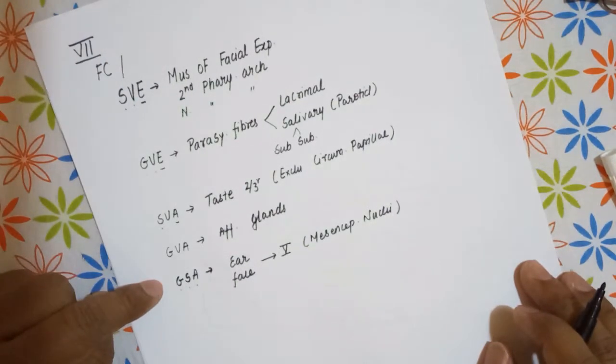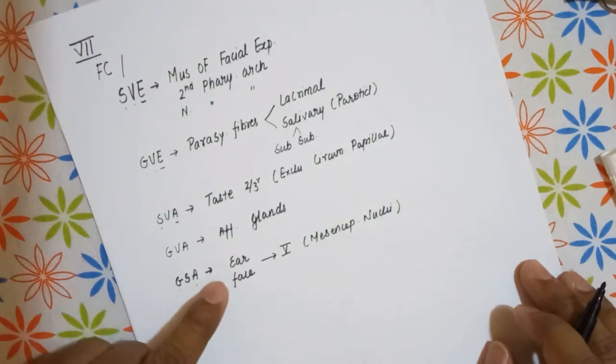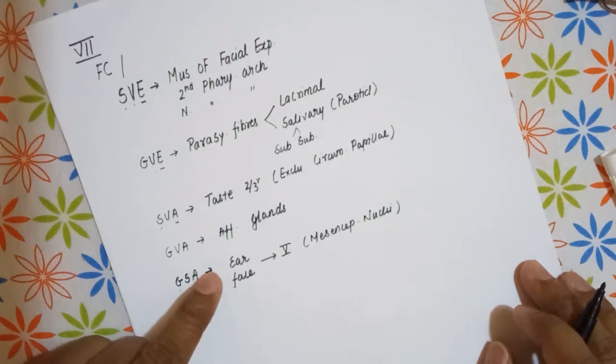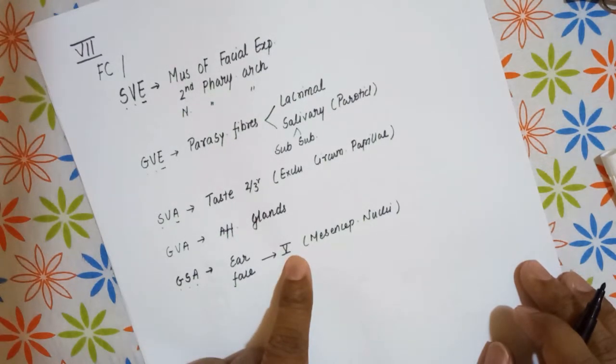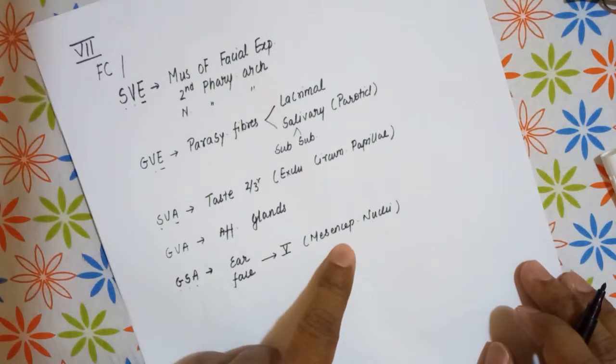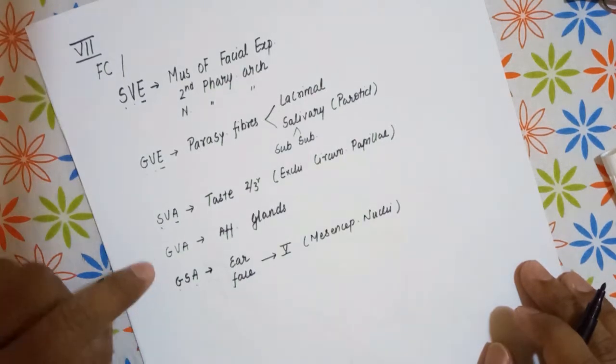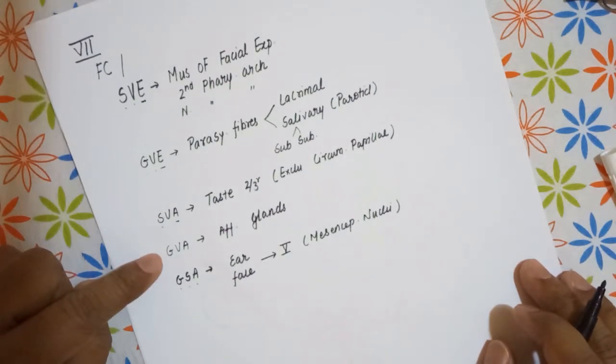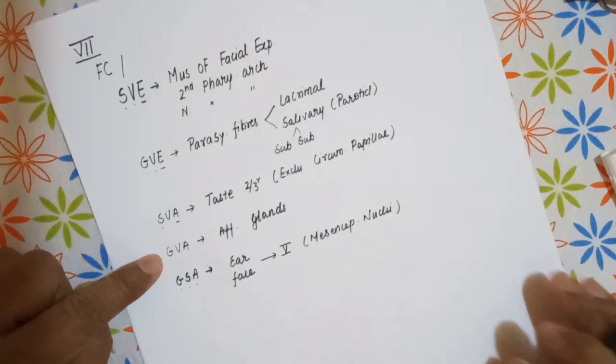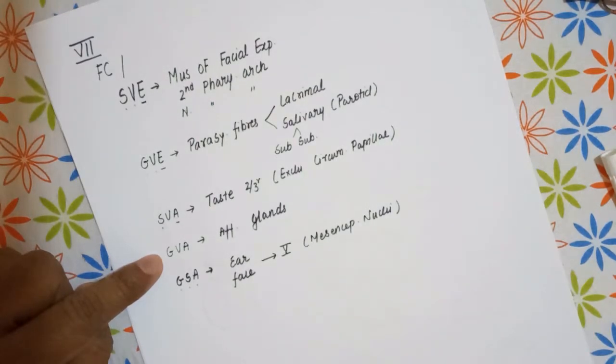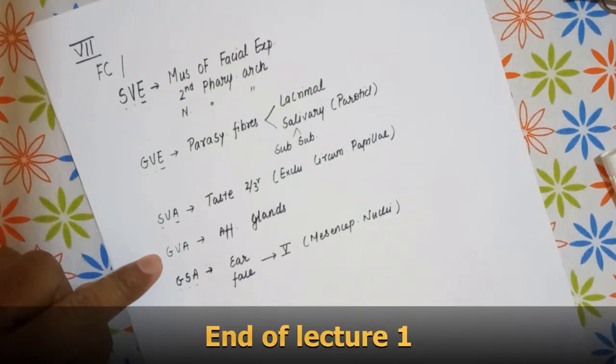General somatic afferent, general sensation from the skin in an area around the ear and face, with the help of the trigeminal nerve at the mesencephalic nuclei. There is an additional component which is given in a few books, that is general visceral afferent. These carry afferent impulses from the glands.